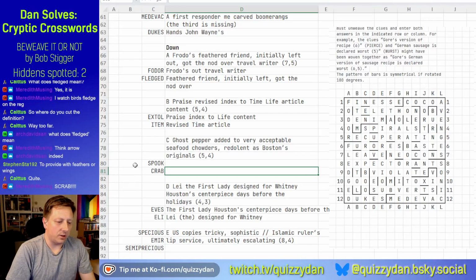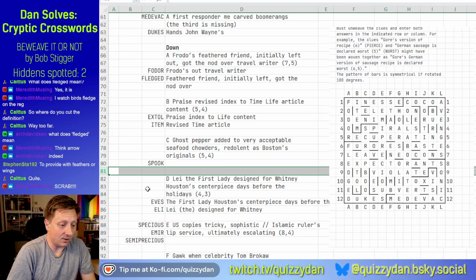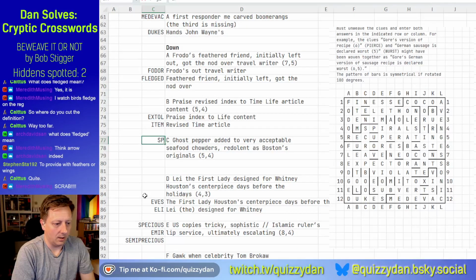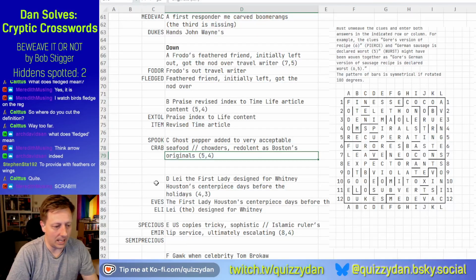Oh, we don't, because it's the gimmick, isn't it? So it is spook and crab, and it's the first letters of Chowder's, Redolent as Boston's. Those are the originals. So I can get rid of that. So I can chop it there.